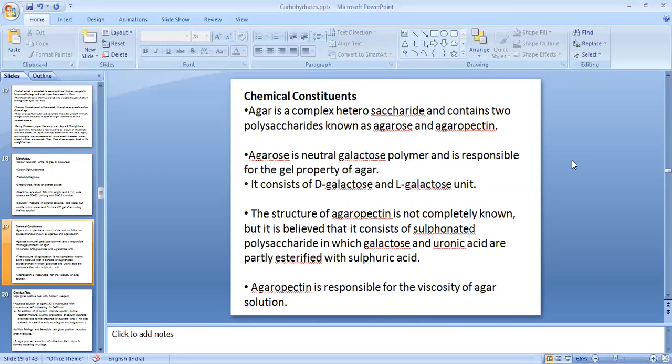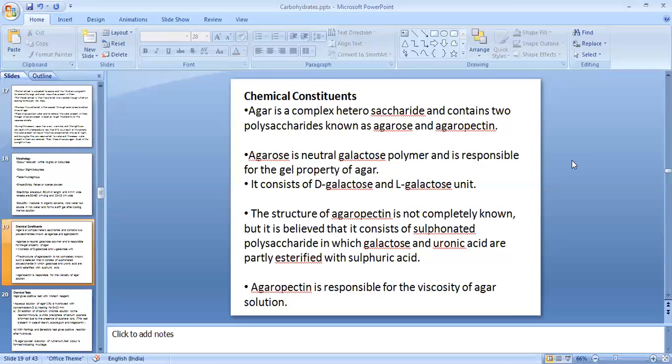Whereas the structure of agaropectin is not completely known, and it is believed that it consists of sulfonated polysaccharides in which galactose and uronic acid are esterified with sulfuric acid.